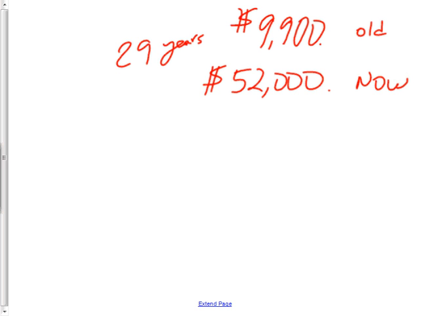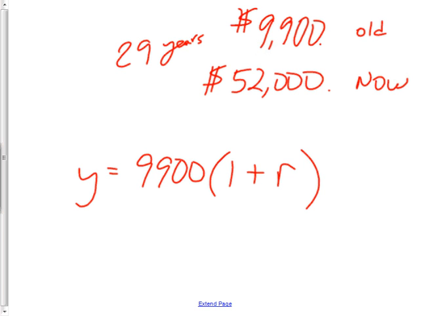how much percent did it go up on average each year? So you write yourself a little formula. You go y equals the starting value, 9,900. You say 1 plus the rate. Oh, wait, yeah, this was a plus, right? Yeah, tuition was definitely going up. Okay, and then how many years was it? I don't put an x here, I put a 29.